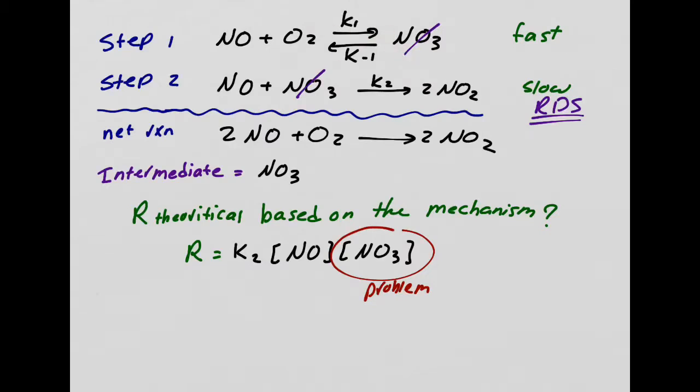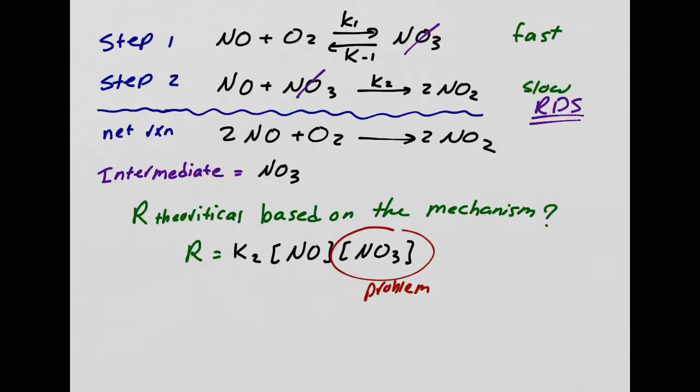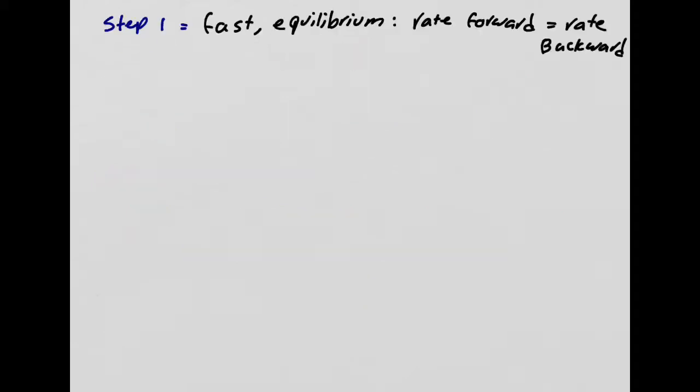Now what I'm going to do is write the rate law for the forward reaction, and I'm going to write the rate law for the backward reaction. I'm going to have K1 times concentration of NO times concentration of O2 equals K minus 1 times concentration of NO3.